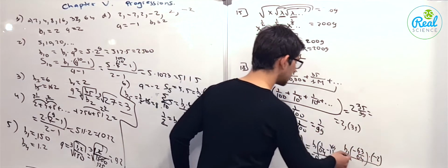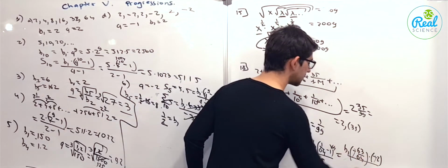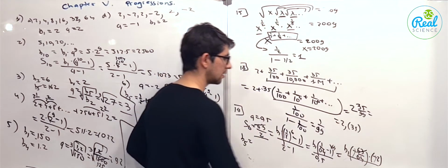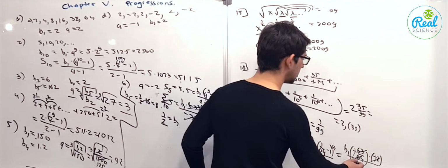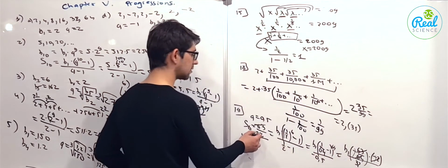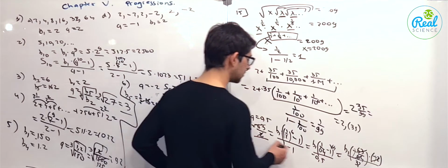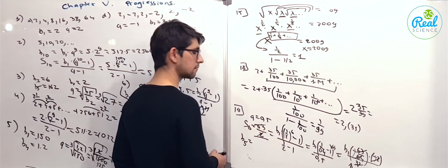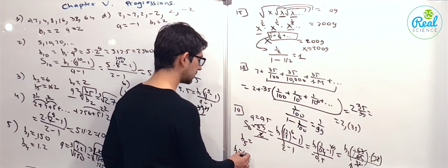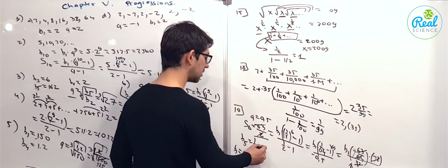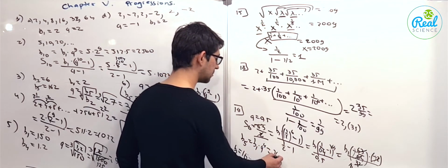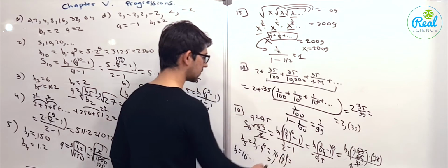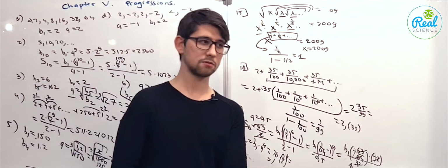So these negatives are not needed. 63 divided by this one, 2 divided by 64 is 32. 32 multiplied on this side, actually there is a cancellation, right? So your b1 equals 16, right? b1 is 16. Your b5 equals b1 multiplied by q to the power of 4. It means 16 multiplied by, your q is half to the power of 4. Yes, it is 1.